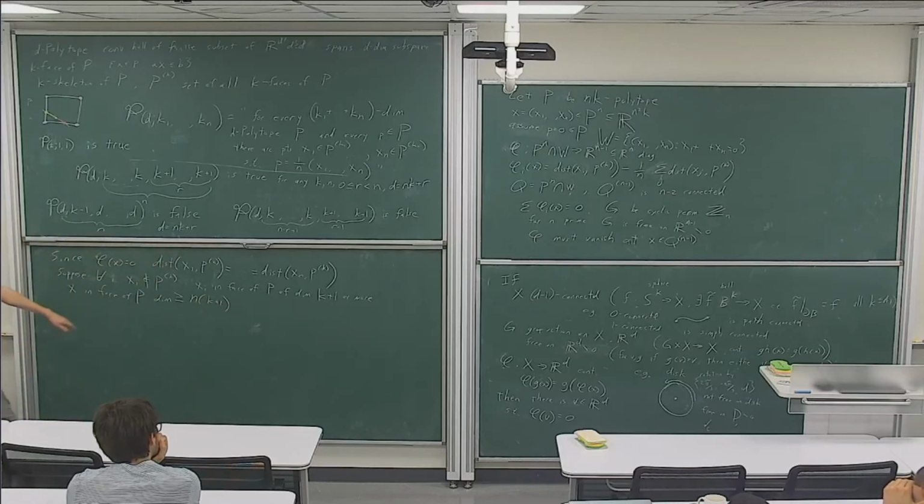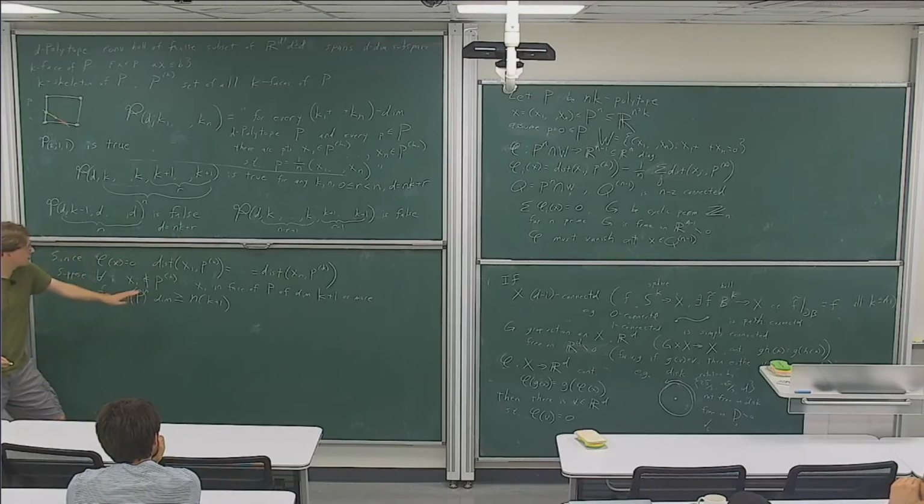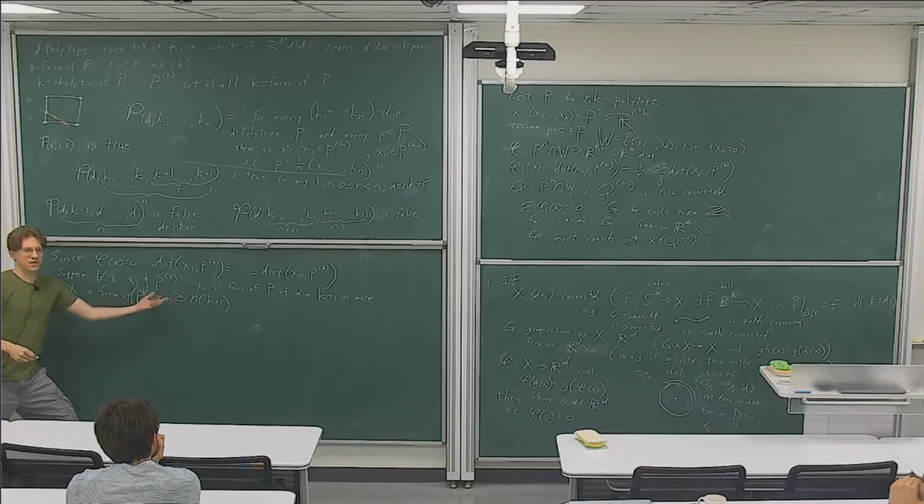Right, and now here this is the nth product of P. Then if I take the n-fold product, I just add up the dimensions of each of the points, right? If I'm in a product space.